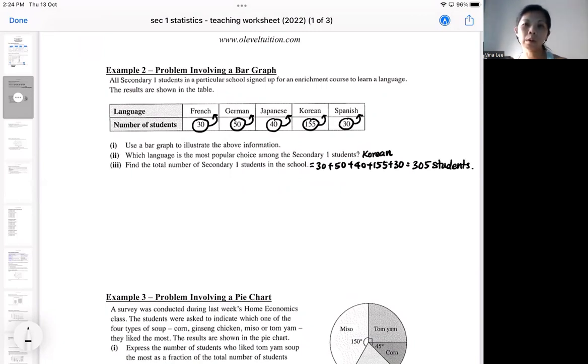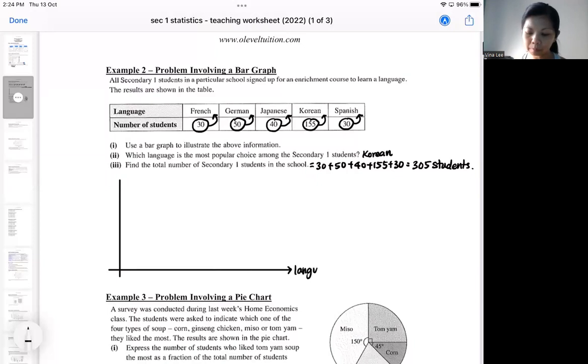When you're supposed to draw, you have to draw like a graph. So you have to have regular intervals. Make sure you have uniform intervals. Here, the horizontal axis will be the language, so make sure you indicate the language.